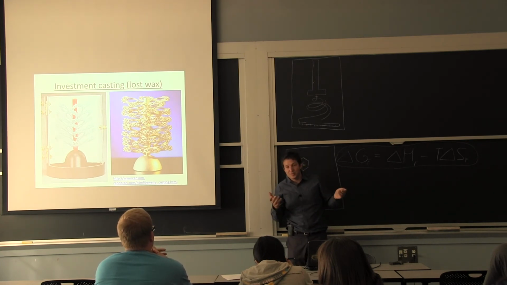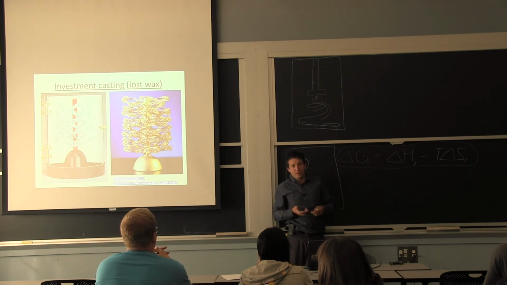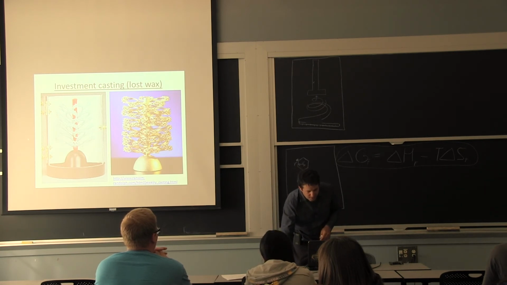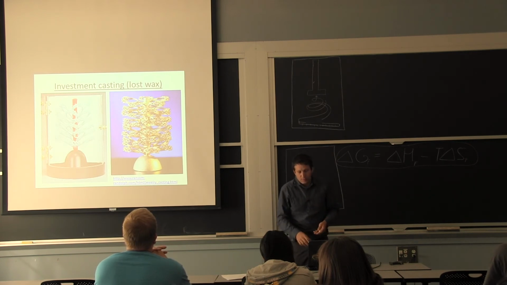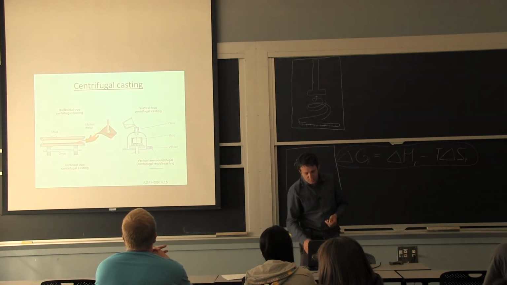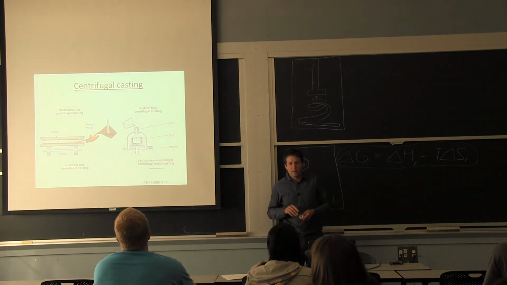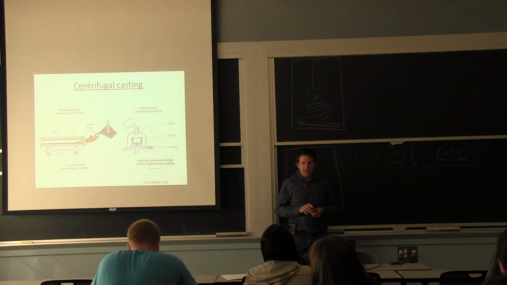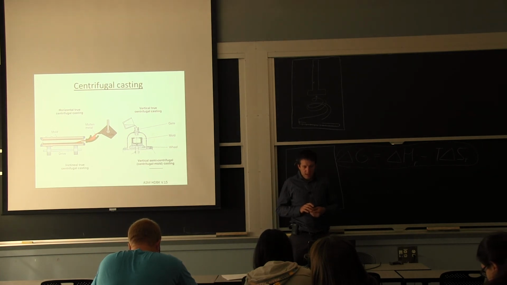If you're doing silver, it's very easy because you don't have to go to high temperature. If you're doing platinum, there are only very few recipes that will allow you to make the mold out of this. You heat it up to get the wax out, and then you pour your metal. So if you remember, investment is because you lose the pattern. That's the main difference between sand casting and investment casting or lost wax.